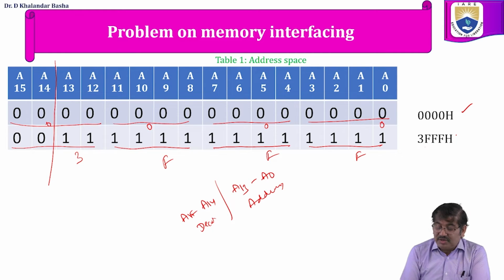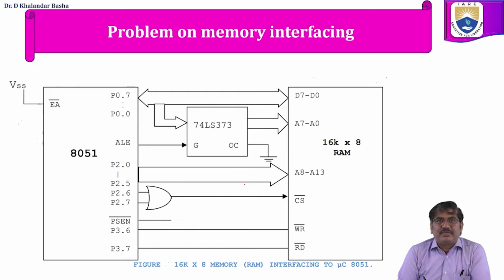So the address space for accessing the 16K memory block is 0000H to 3FFFH.